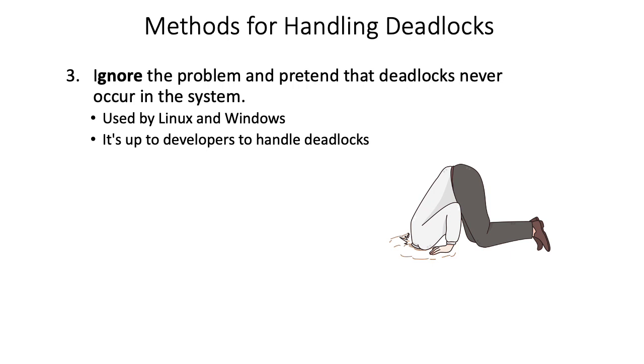Now, Windows 10 did introduce some enhanced deadlock detection and recovery mechanisms to address this limitation. Linux systems as well do not have active strategies to handle deadlocks, and they do choose to just ignore them and rely on the developers to write good quality code that does not cause any deadlocks.